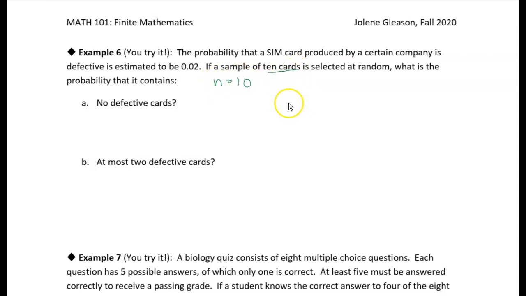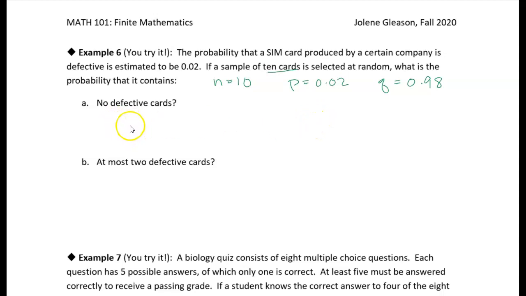It's either going to be defective or not defective, and the probability that it's defective is 0.02, which means the probability of not being defective is 0.98. Okay, so it seems to check out that this is a Bernoulli experiment, or binomial experiment, I should say.